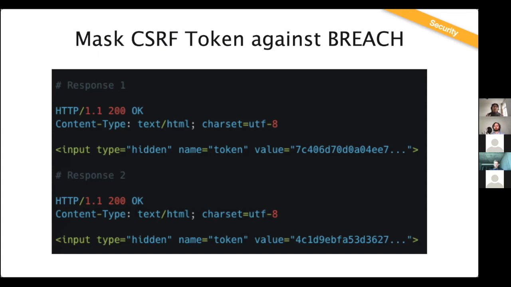And in a nutshell, BREACH is all about being able to guess the contents of an encrypted page by comparing the sizes of compressed pages. It's basically a side channel attack. Because of the way compression works, if you are able to enter a string that is similar or the same as a part of a secret, then you'll notice that the page is just that little bit smaller.